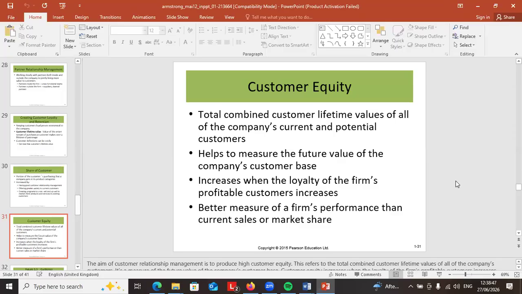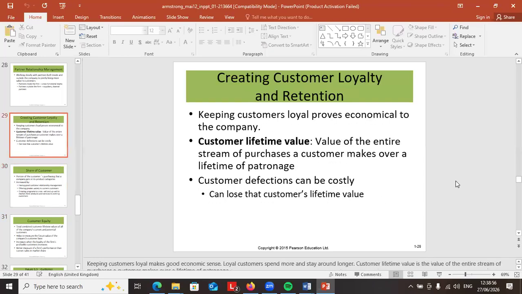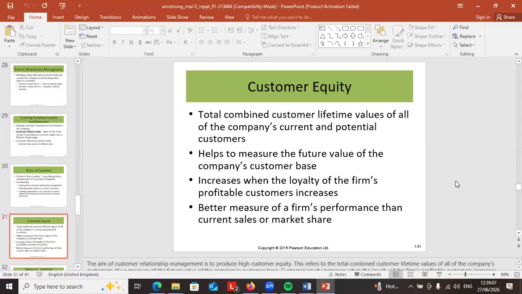Let's see. So customer equity is the total combined customer lifetime values. Know the difference between customer equity and customer lifetime value. This is the entire stream of purchases per customer over a lifetime of patronage, right? And so customer equity is the total combined customer lifetime value of all current and potential customers, right?